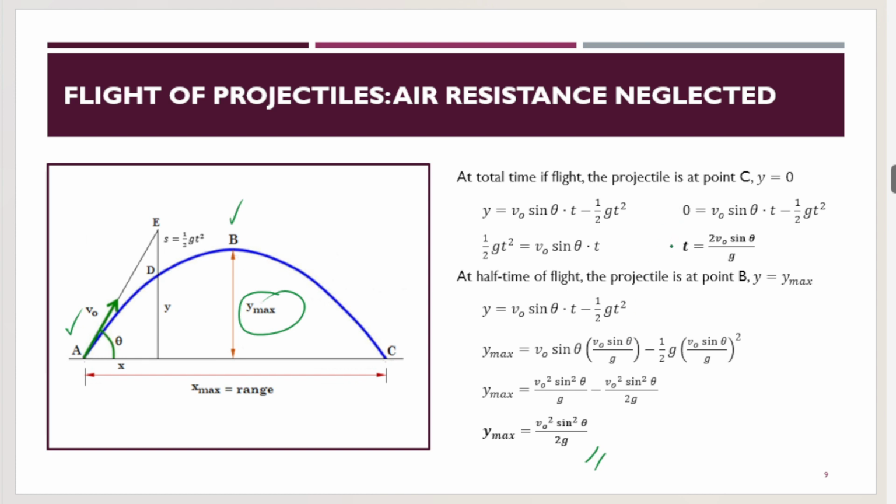Lumalabas na 0 yung ating y at time t. Ibig sabihin hindi na siya gagalaw doon, parang maximum point. Okay? Ito 'yon, hanggang sa dinerive natin siya. Ayan yung ating formula. Okay?